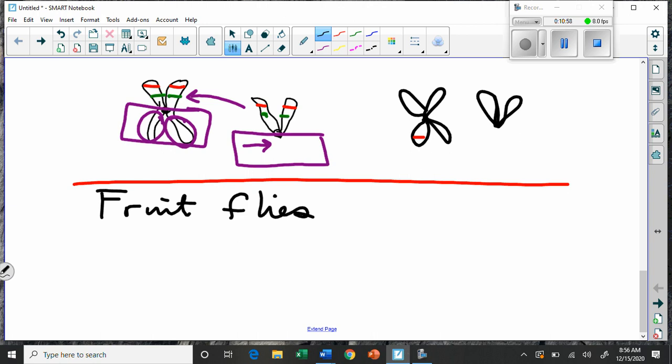So if you have a fruit fly, then here are the possible alleles that you can get. You can have an X chromosome that carries a red eye gene. You can have an X chromosome that carries the recessive version, which is a white eye gene. So this is the red eye, and this is the white eye.